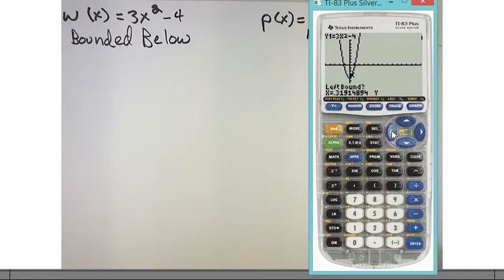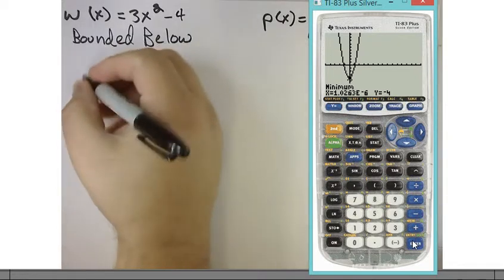So I'm going to go a little bit to the left of that. Right, and I'm going to go a little bit to the right of that, and I'm going to try and get this as close as I can to the bottom. And it's not quite 0, but it's pretty close, right? And what's the minimum y value though? That's what we're really interested in. -4, right?